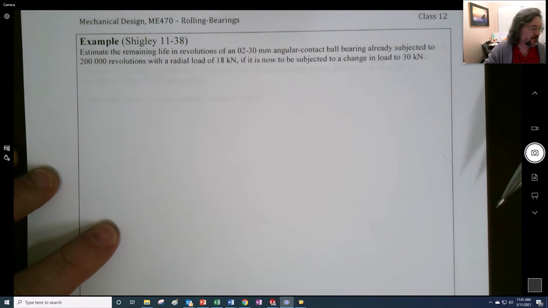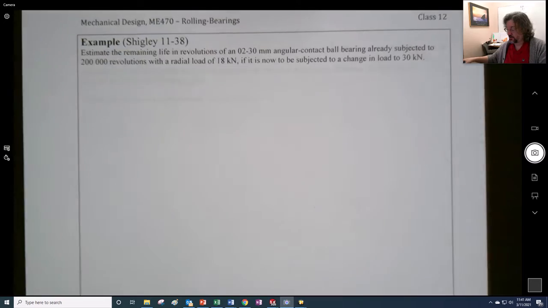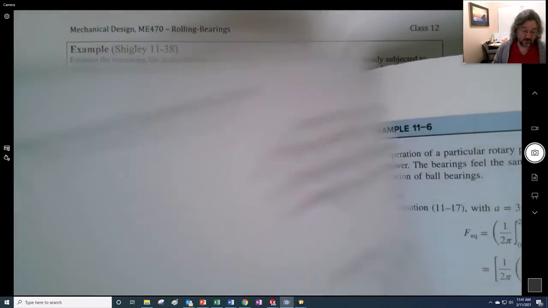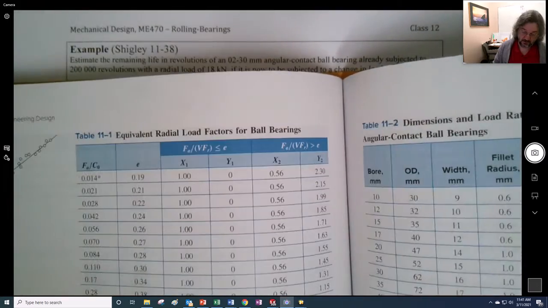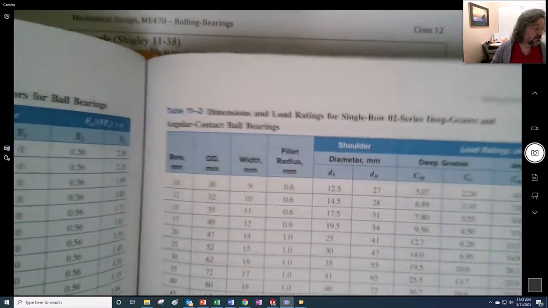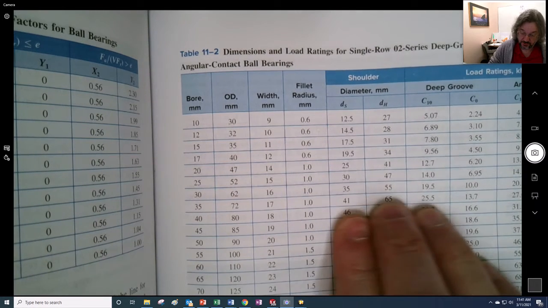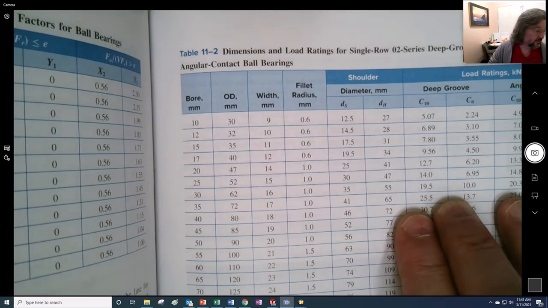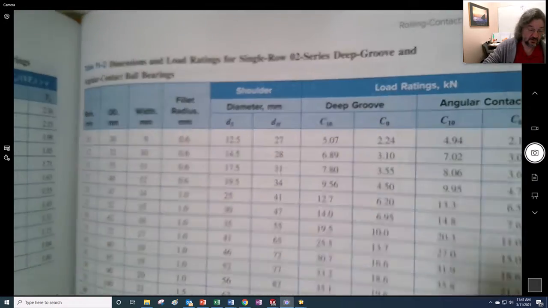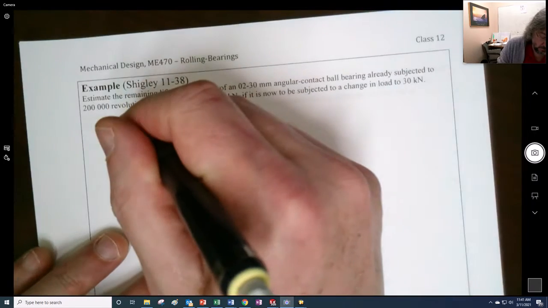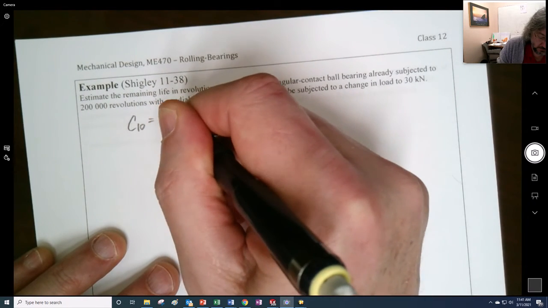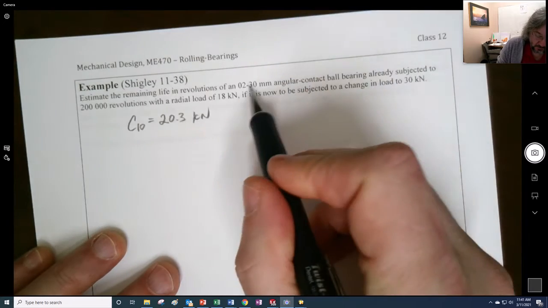I think I wrote down that I wanted people to do this in class, to try it themselves, see if they could work it through. So if we go to Table 11-2 in the book and look this up for the 30 millimeter angular contact bearing, we should get 20.3 kilonewtons. 20.3 kilonewtons for this bearing right here.